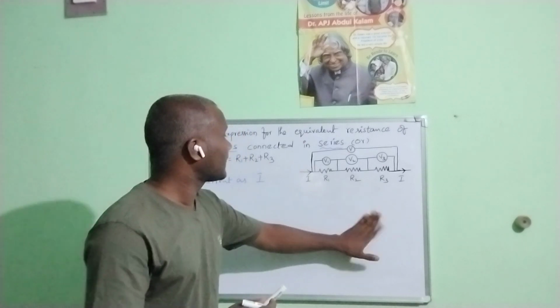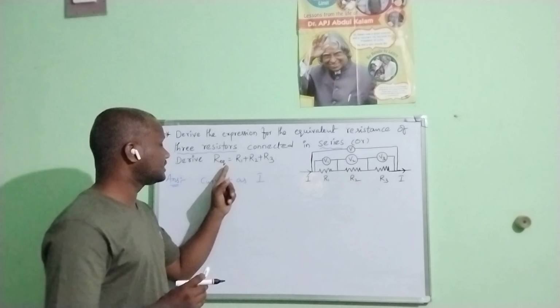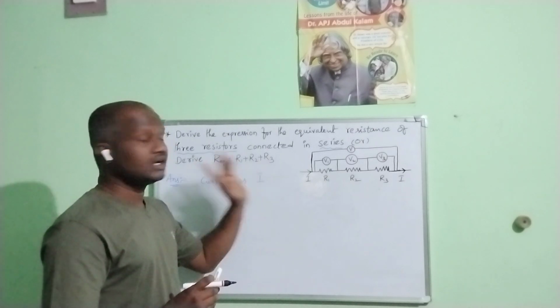Our answer is deriving the expression for equivalent resistance, that is R equivalent is equal to R1 plus R2 plus R3.